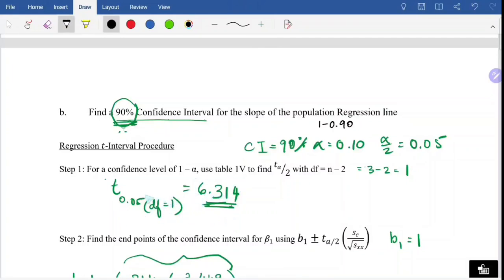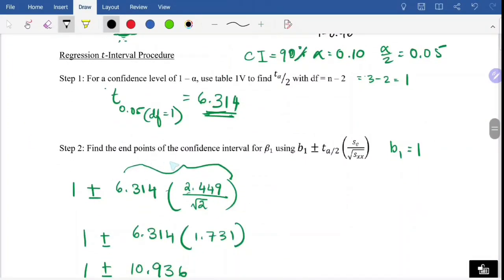So we came up with our t of alpha by 2 value with df 1 as 6.314, which was the same as the cutoffs, the critical value that we found previously for our hypothesis test. And now we have to use the formula given here. All right, b sub 1, which is the slope of the sample regression line, was 1.